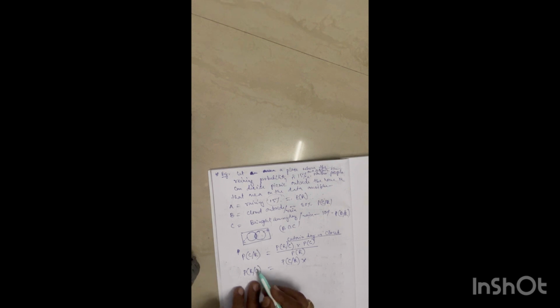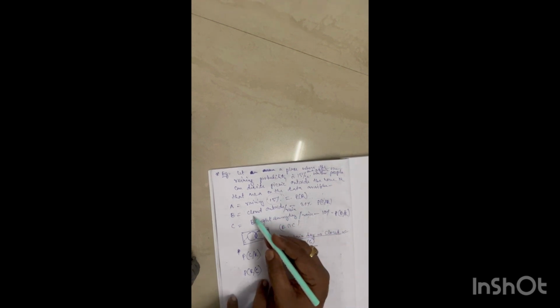The cloud has already happened. This event has already happened. You can see cloud outside. Now I have to decide whether there will be rain or not. So that depends on when there is a cloud, there is a rain. That you know, into the probability of raining, the general case, and divide by the probability of cloud.